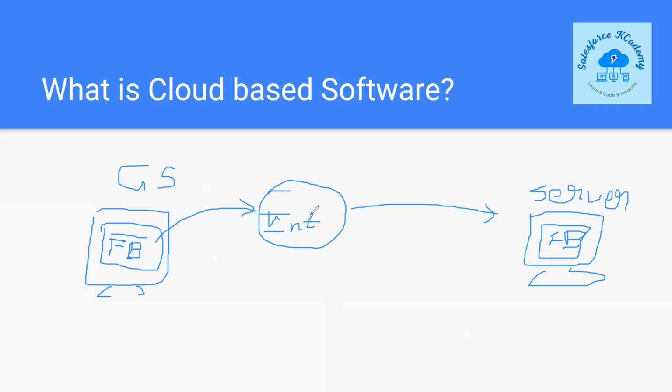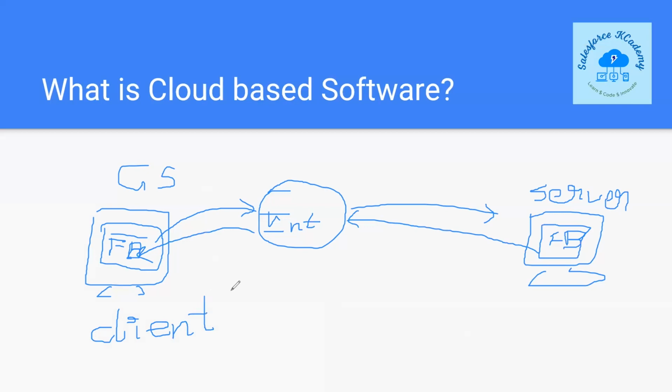When you communicate to the internet, this internet will be communicating to the server, and you will be getting your data. Whatever the posts, the likes related to your post, comments, videos you uploaded, everything will be sent from this server to your laptop, computer, or your mobile. Here you are the client.